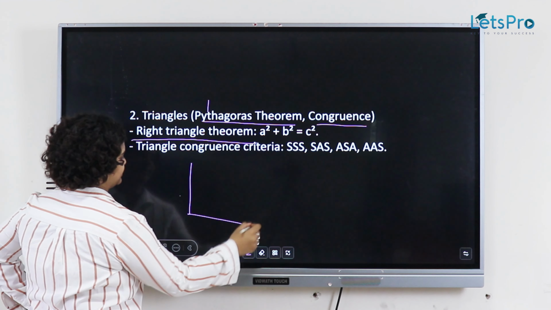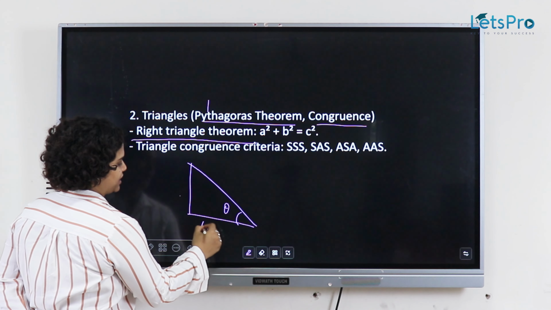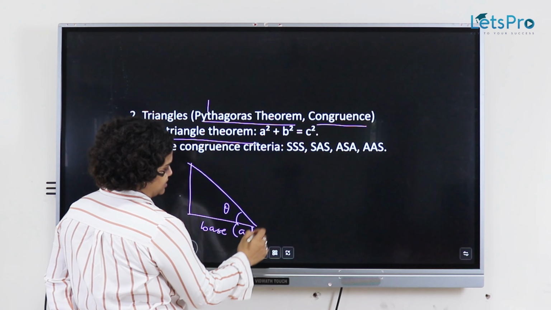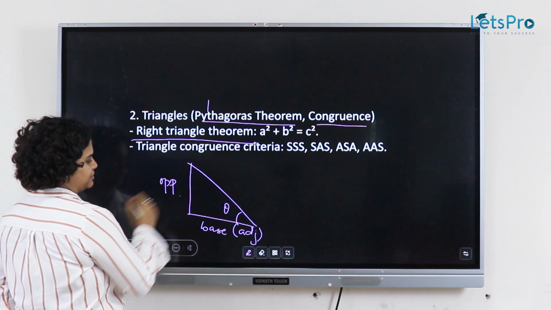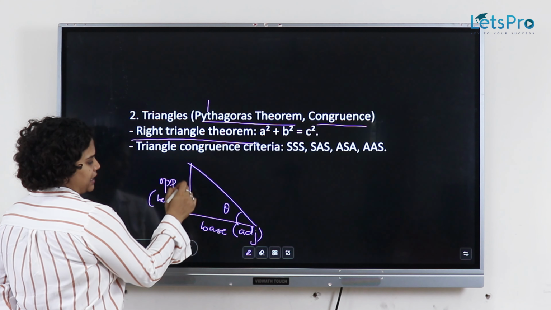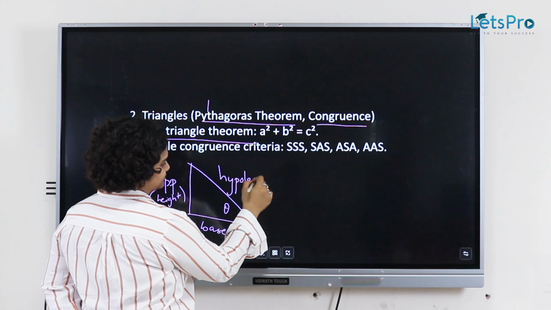So in this right angle triangle, let's say there is an angle theta here, then this would become the base or say adjacent side. Whatever is the opposite side gives us the opposite or our height, right? And the longest side is always known as the hypotenuse.